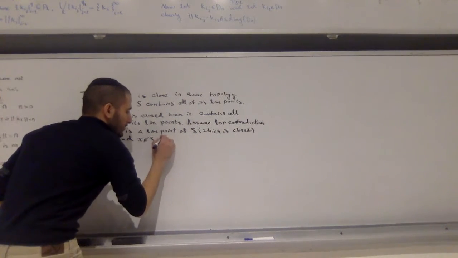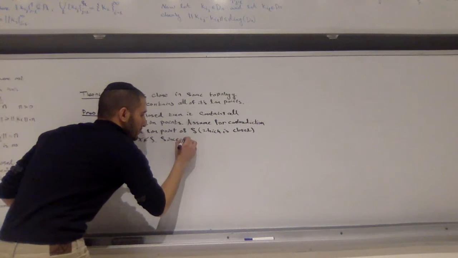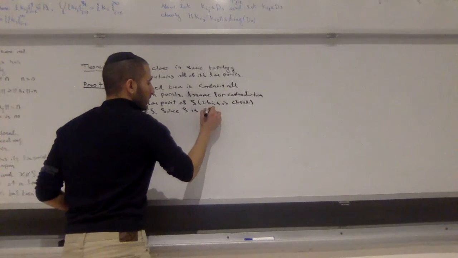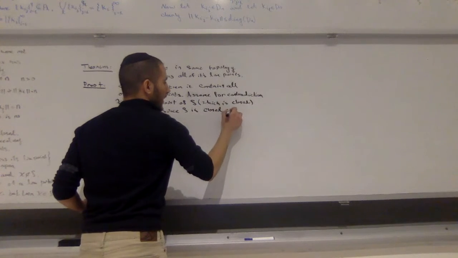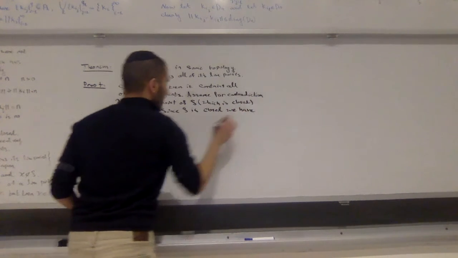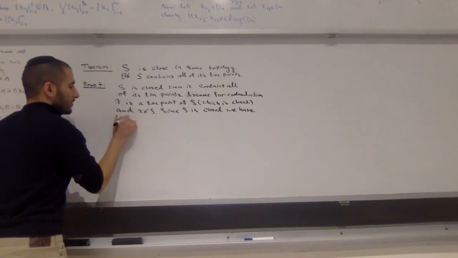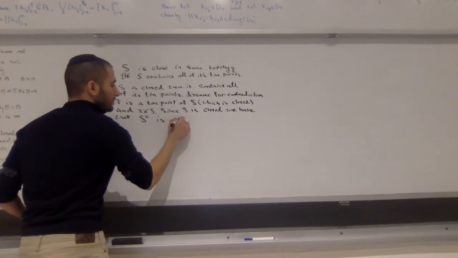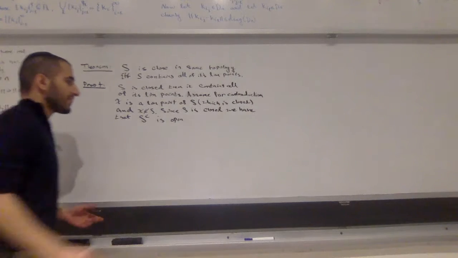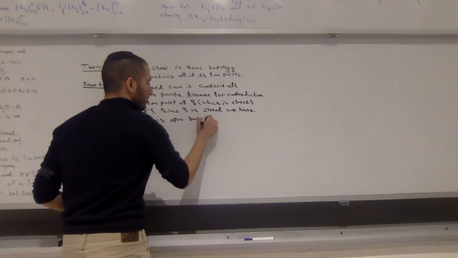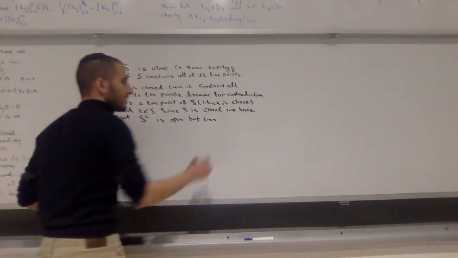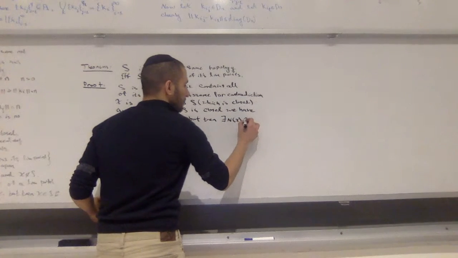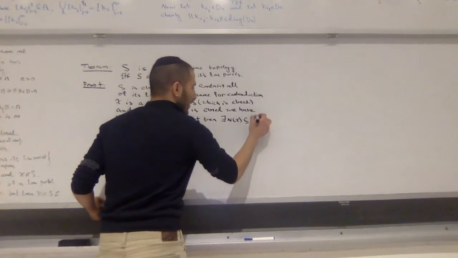Since S is closed, we have that S complement is open. But then there exists a neighborhood of X which is completely in S complement.